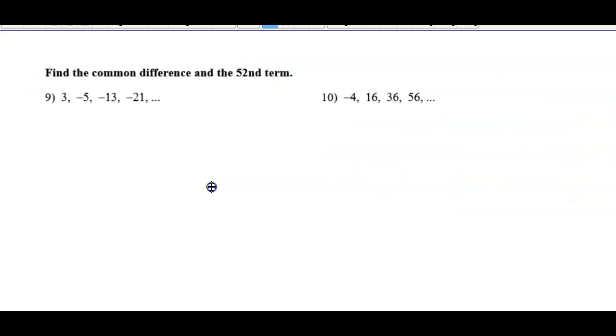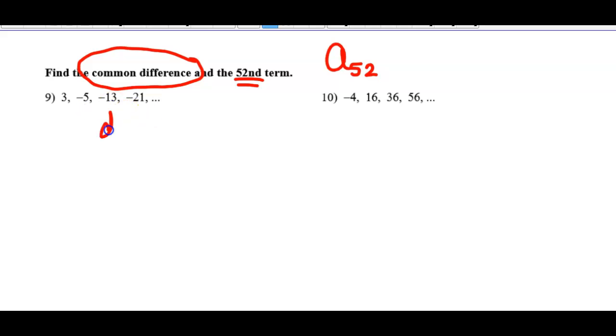All right. This says find the common difference and then find the 52nd term, which you would call a sub 52. All right. Is it going to do both of these? Maybe I will real quick. This one, if you notice, is going down by 8.